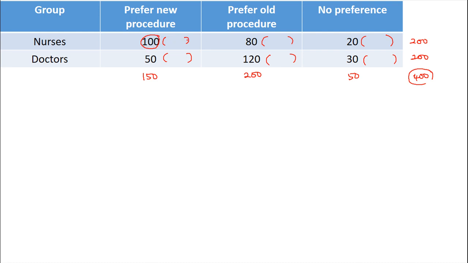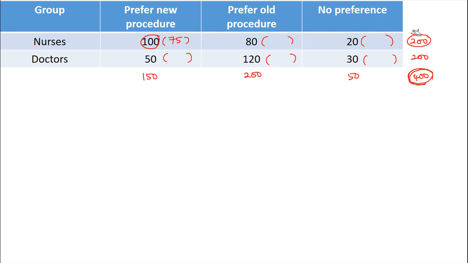This is the row sum multiplied by the column sum, then divided by the grand total, which is 400. So 200 multiplied by 150 divided by 400 is 75. So 75 is the expected value for the first cell.